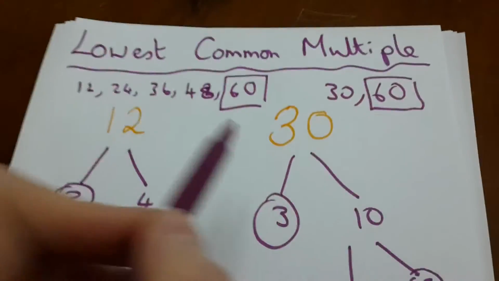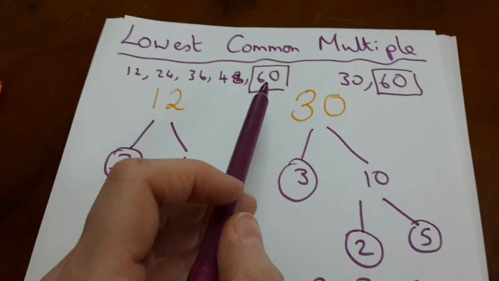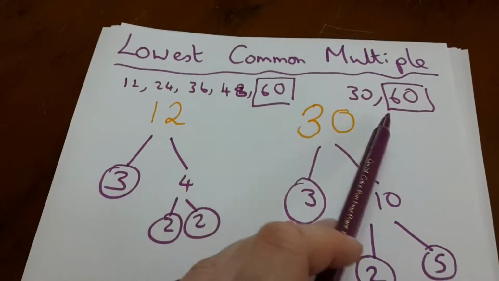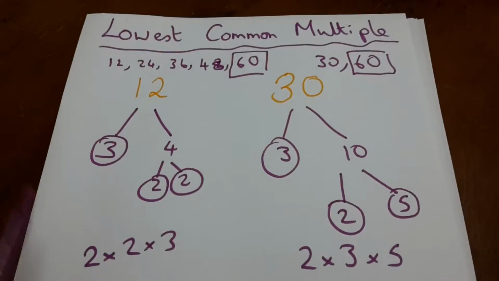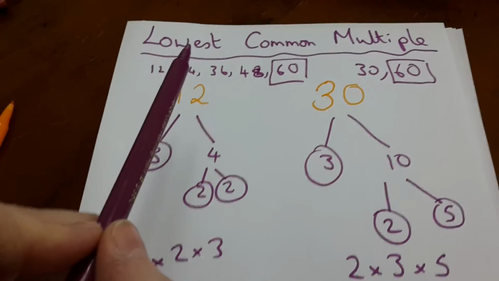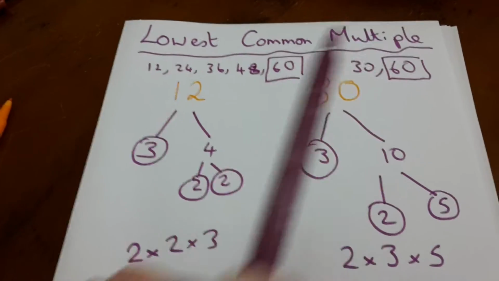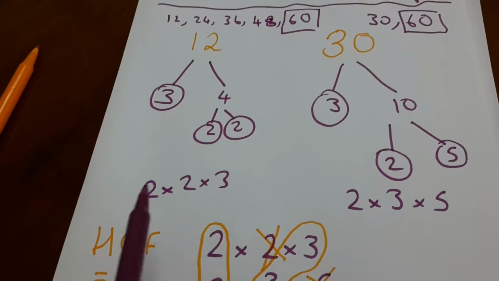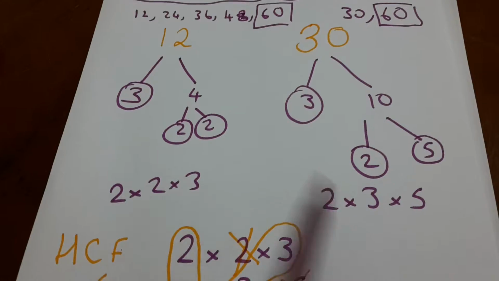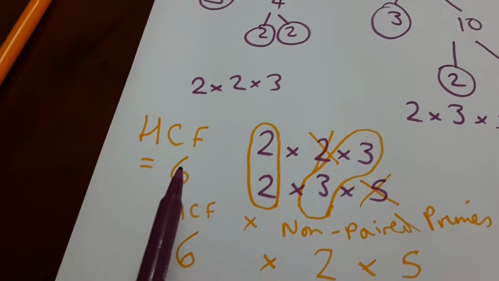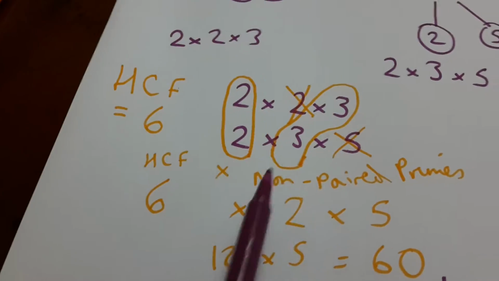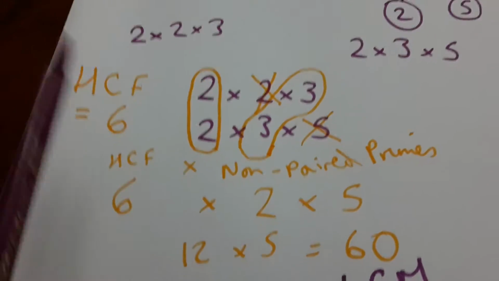So 60 is also a multiple of 30. And notice it's the first one, so the smallest or lowest, that I come into contact with. So the easiest way to find the lowest common multiple is to write down the prime factor decompositions of both numbers, work out my highest common factor, and then multiply those by any that don't have a pair.